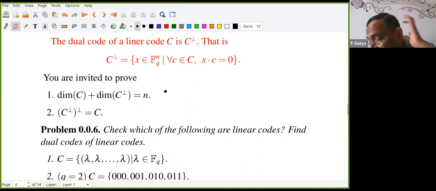You already know that C-perp itself is a subspace, so that is also a linear code. Now again, for that linear code, I can take perp again, that is C. So we need to prove these two things. To show the second, we need to show that C-perp-perp is a subset of C and C is a subset of it, right?